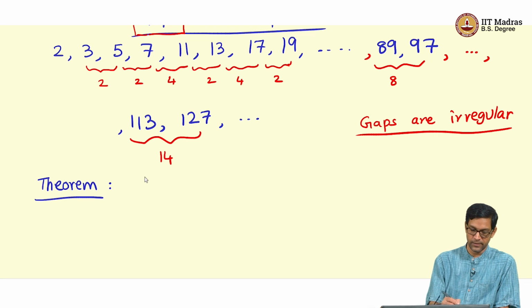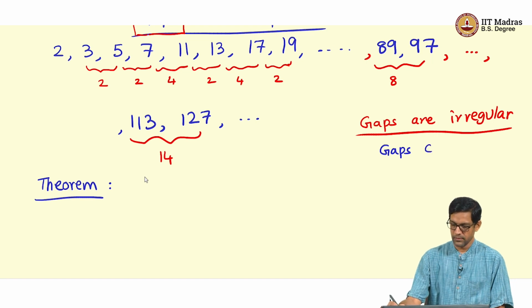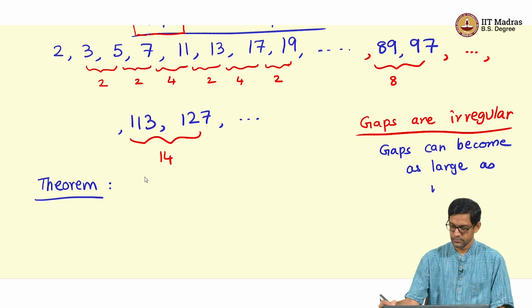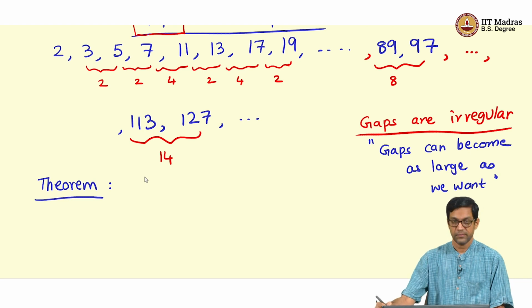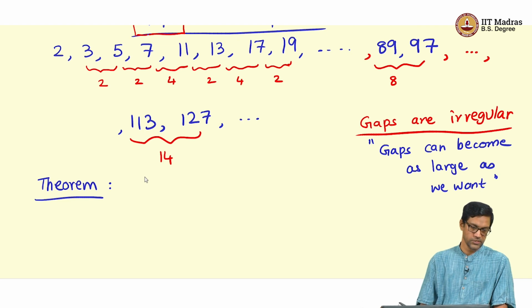The informal statement that we want to make is that gaps can become very large, as large as we want. So, if you want to find two prime numbers which differ by more than 100, you will be able to do that, okay, two successive primes.